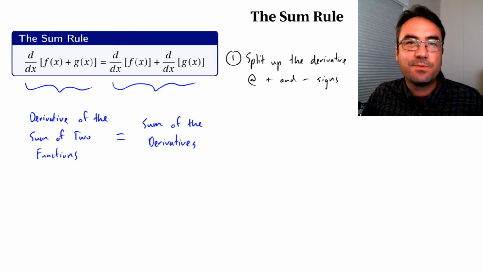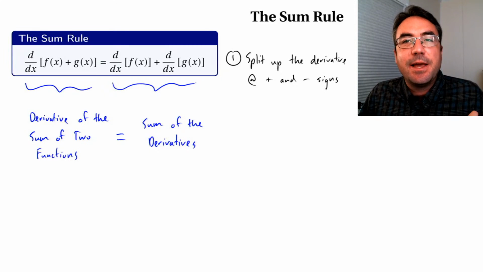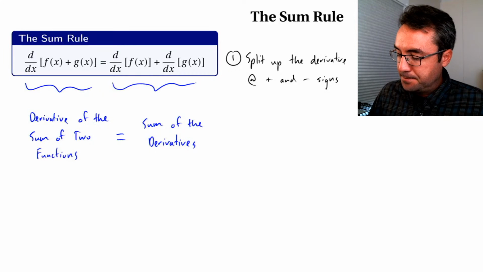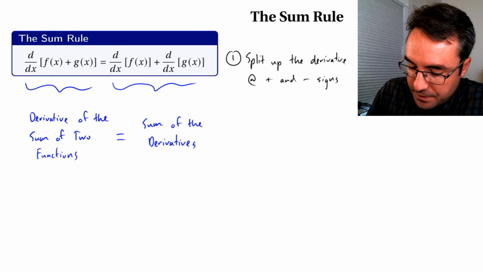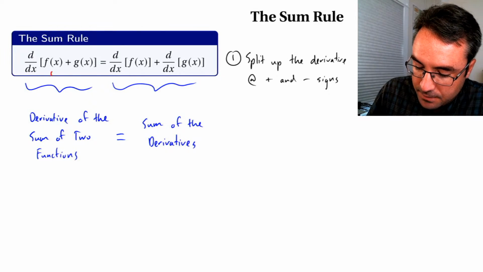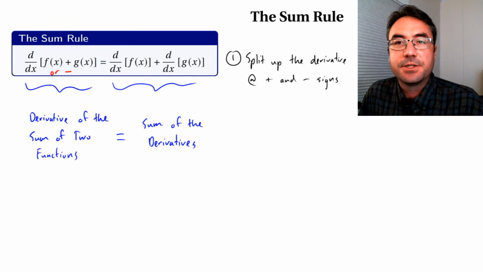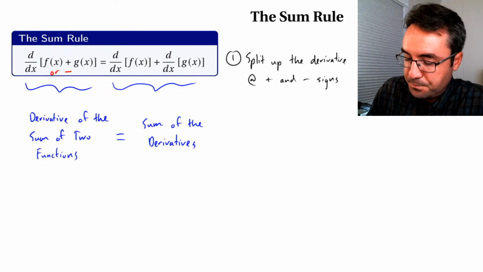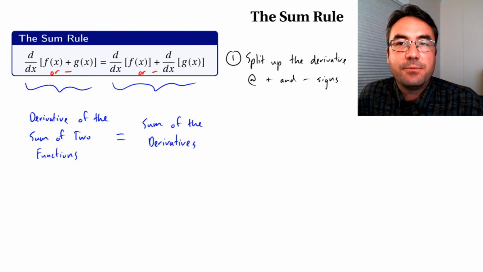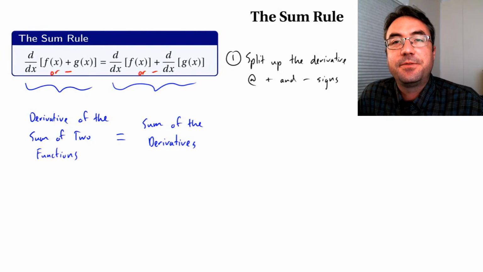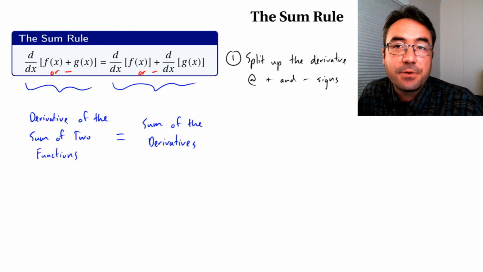Addition and subtraction are really the same operation. So this formula works just as well if we were to have a subtraction sign in between. And sometimes, when we do have the subtraction specifically stated, we call that the difference rule.